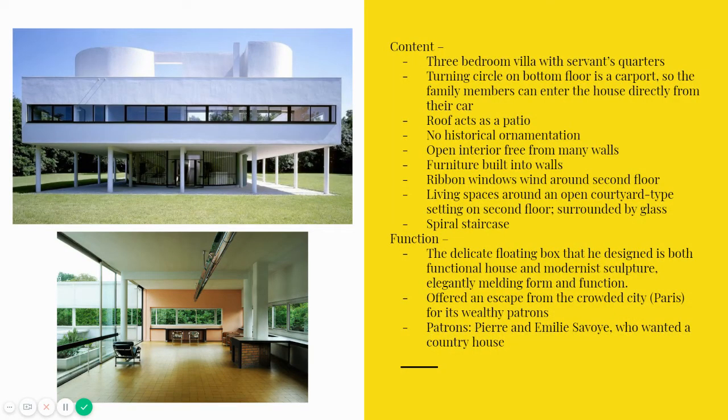It looks like a delicate floating box that he designed as both a functional house and a type of modernist sculpture. It's a beautiful blend of form and function, which again, we talked about with the De Stijl movement, this universal design of just this perfect balance between form and function.